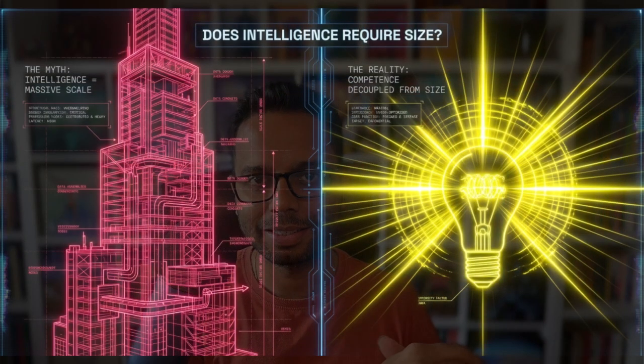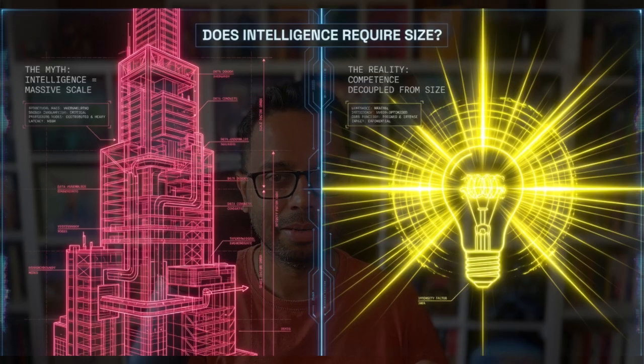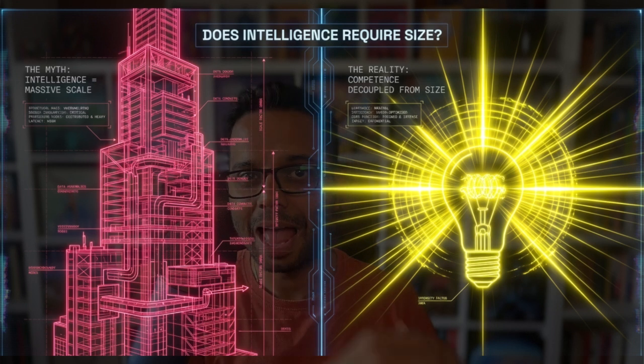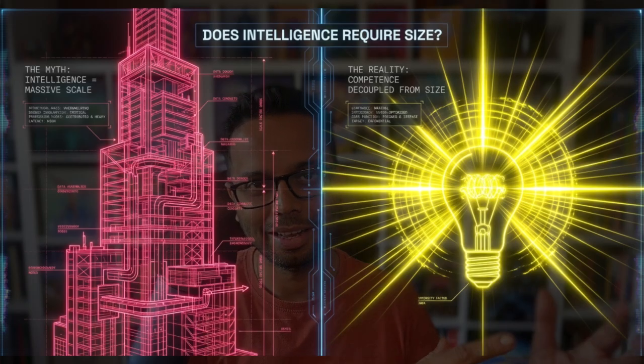One of the myths people have is that if the amount of data on which the model is trained is massive, that model has to be more intelligent. But the reality is competence is not decoupled from the size of the data. Small language models, because they are very specialist in doing certain tasks, can go beyond a large language model for that specific task.